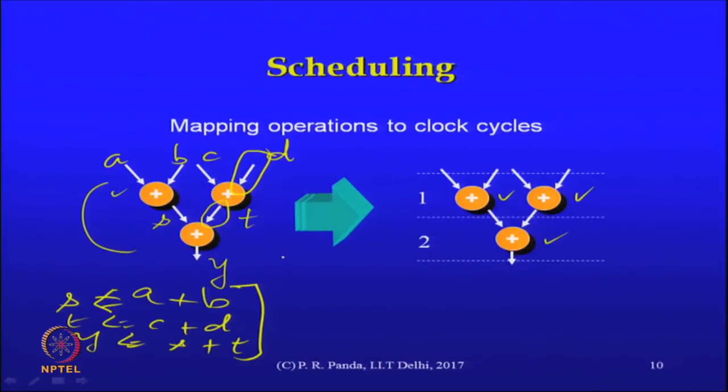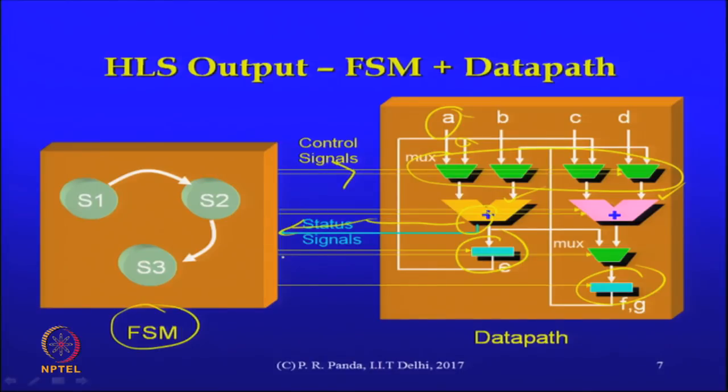Let us go back to the picture of an FSM and a data path. The computation part of what we have specified, with additions, multiplications and so on, are part of the data path. The FSM is only controlling the data path, it is the controller, right. So, the calculations that we have given, the computation part of the SDL, they go into the data path.